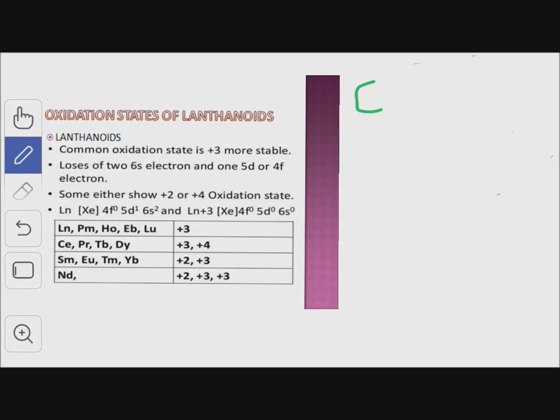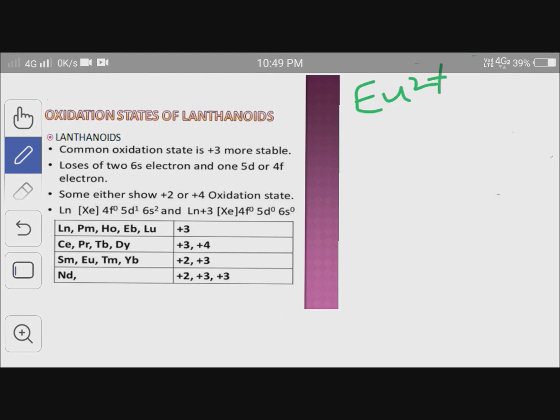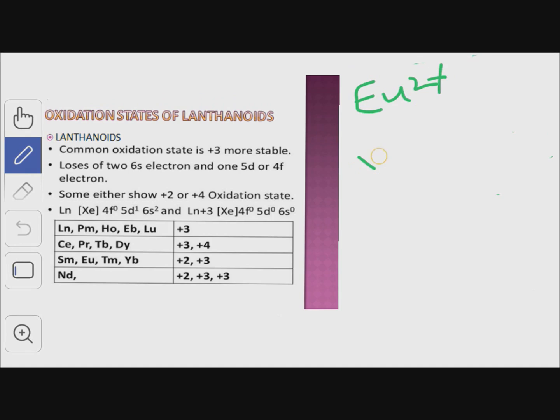Europium 2 positive, ytterbium 2 positive, and cerium 4 positive.